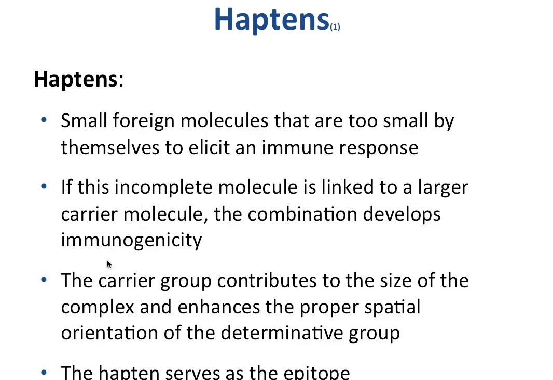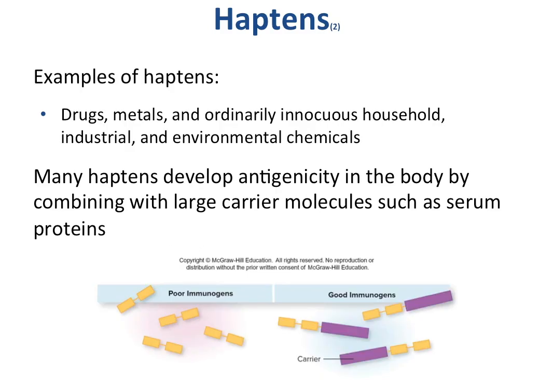So the function of the hapten is to increase the epitopes of the antigens. For example, drugs, metals, or other substances can work as haptens. Once they bind with serum proteins, they can work as antigens to induce an immune response.